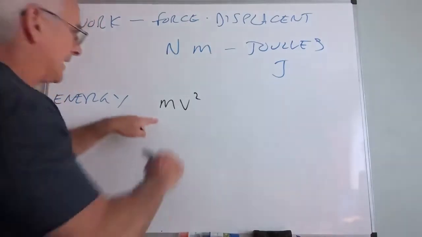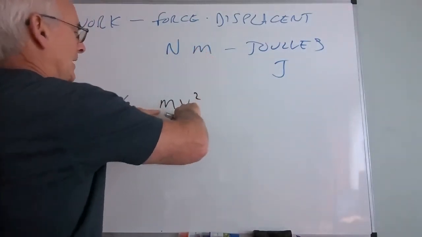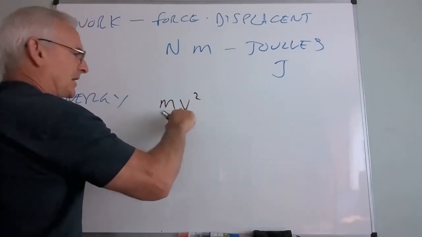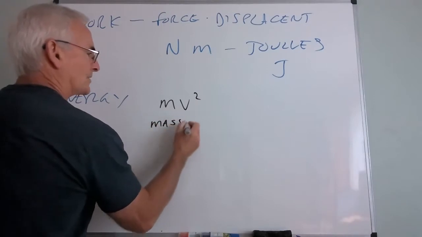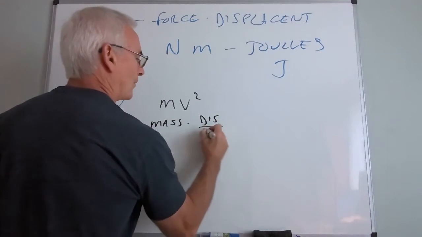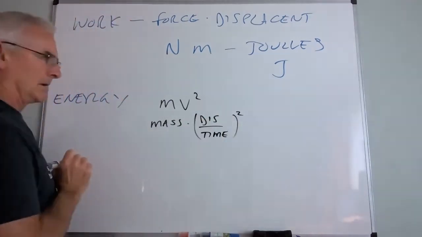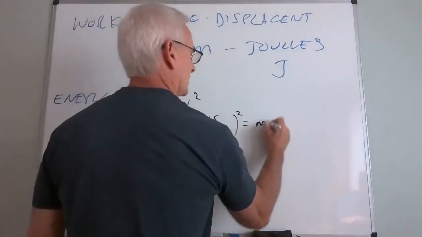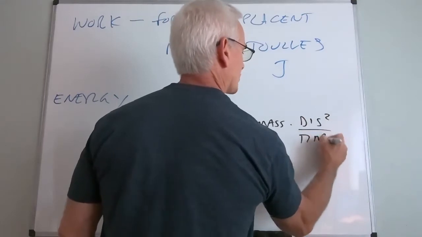So what is this? Well, let's go back and look at this for a moment. If it's mass times the square of velocity, then it's mass, I'll write it out in words, times displacement over time squared, which is mass times displacement squared over time squared.